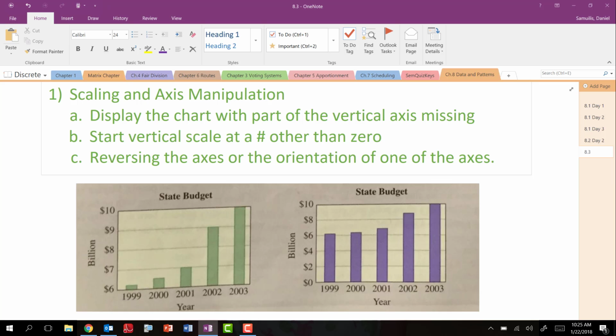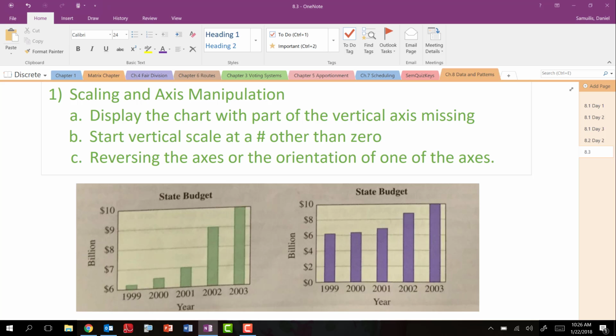This is in the very beginning of the chapter, first or second page of chapter 8. The very first thing I showed you, because I thought it was a good point to open up the chapter the book used. Watch out how that graphic is presented to you. It could be distorted or put in a way where it shows something more exaggerated than what's actually going on.